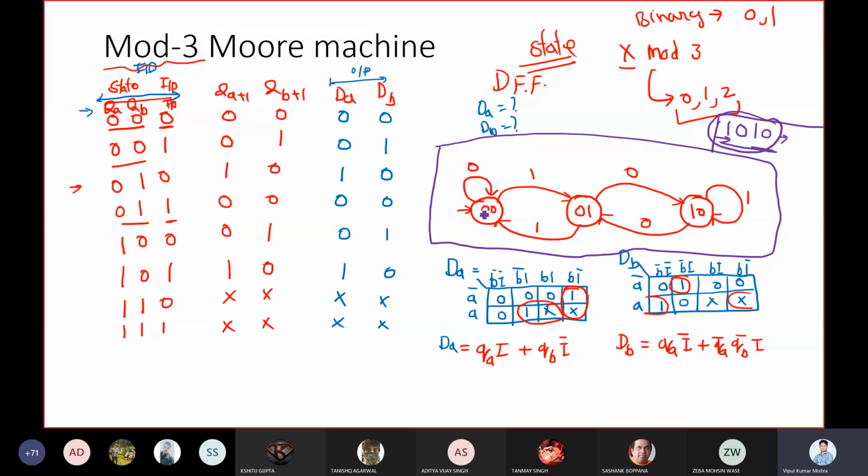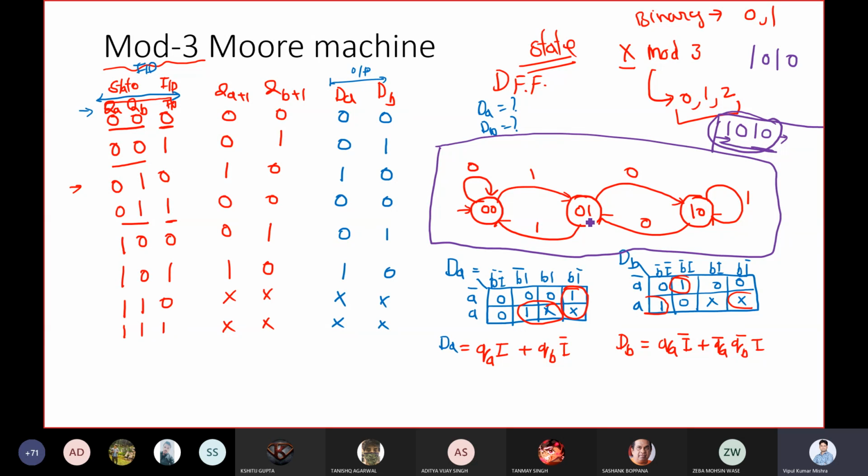So first you will give 1 here. Once you give 1, where will it reach? It will reach 0, 1.